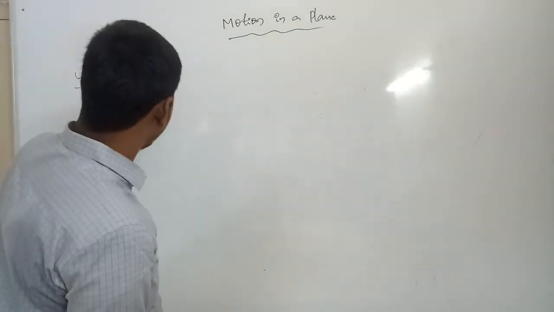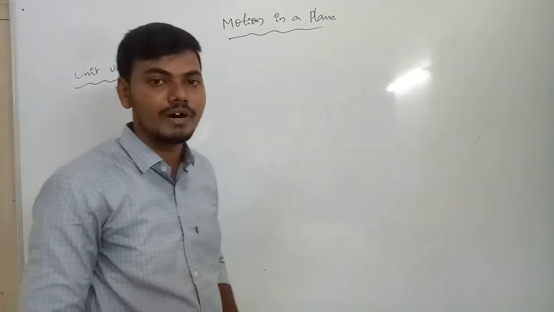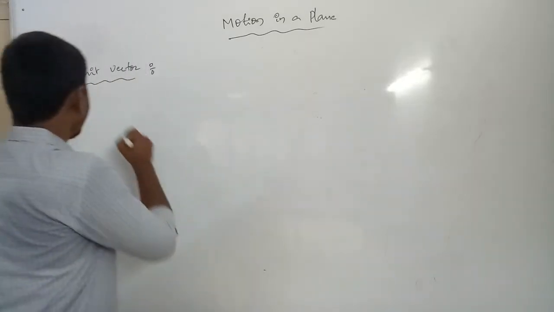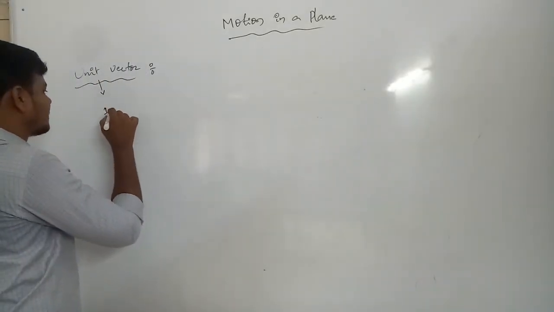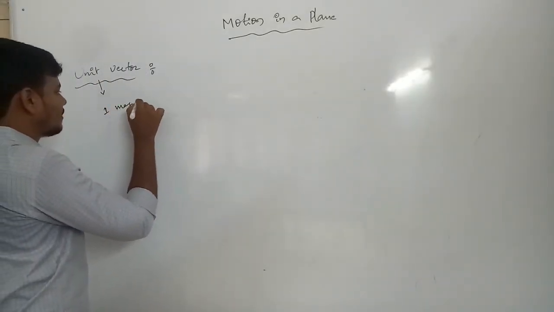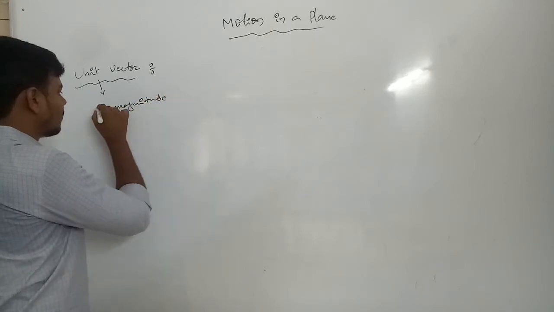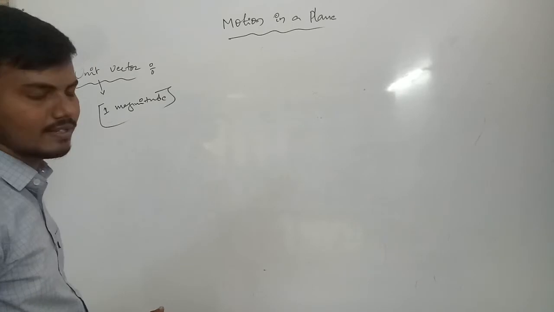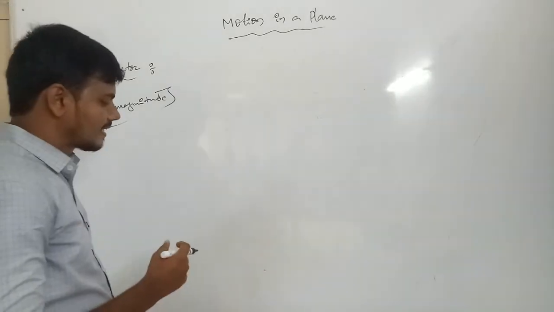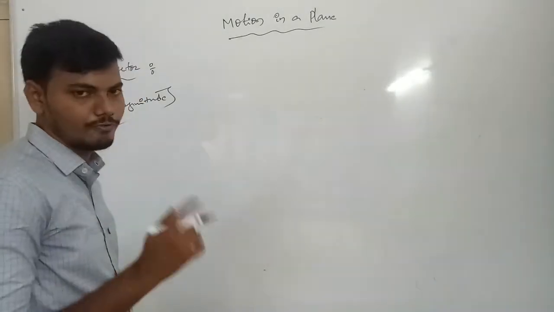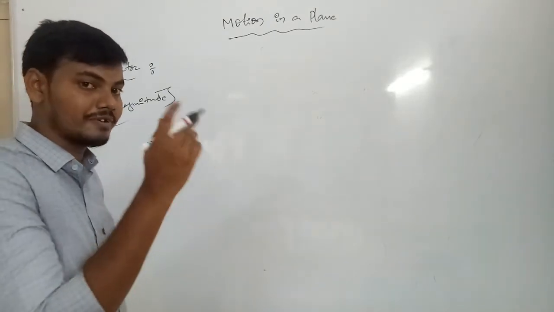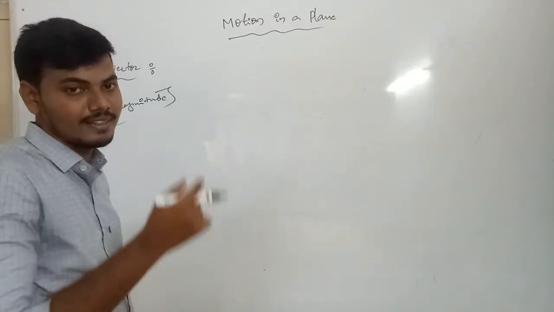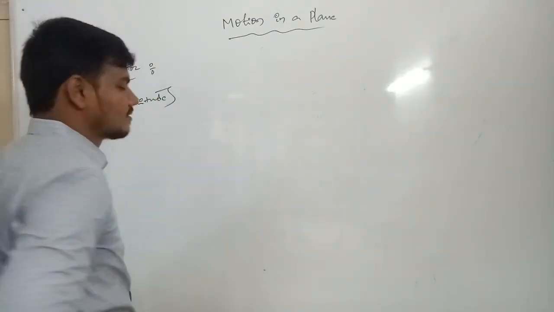The unit means one magnitude. Unit always means a single magnitude. This kind of quantity is known as a unit vector. The magnitude is always 1.